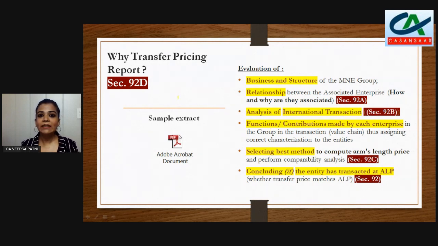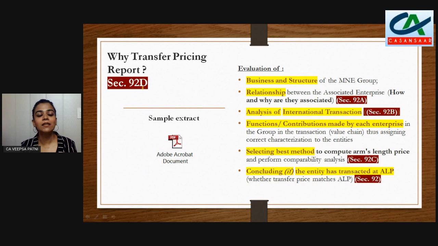So section 92D talks about the maintenance of transfer pricing documentation, the maintenance of your mandatory documents to justify the arm's length principle, the arm's length price, which you must have taken into mind while transacting with your associated enterprise. As I learned when I was growing in this field of taxation, 92 is the series for transfer pricing, and D stands for documentation.